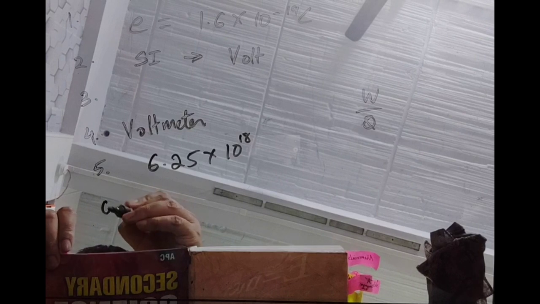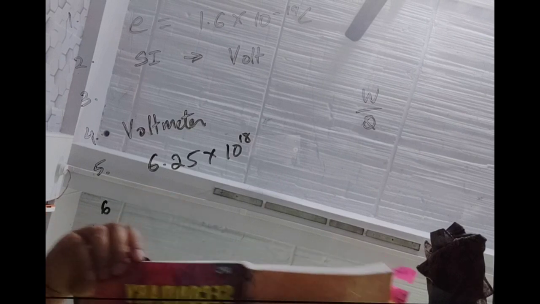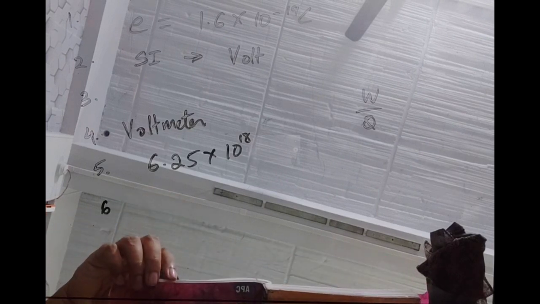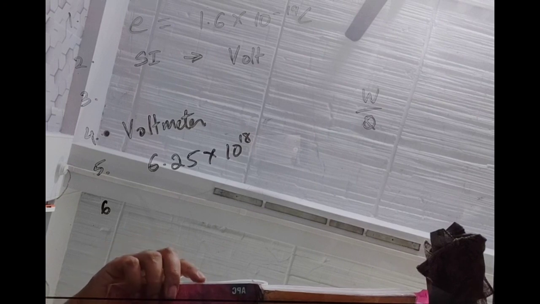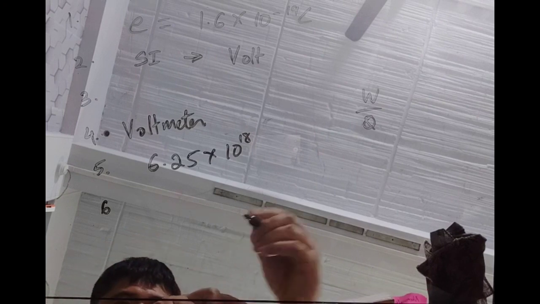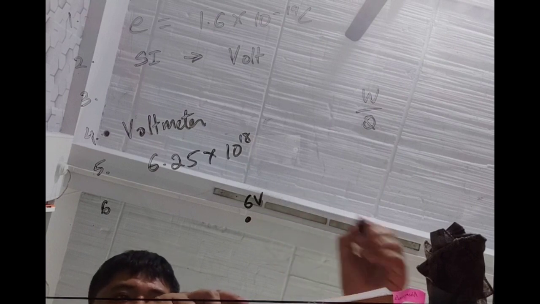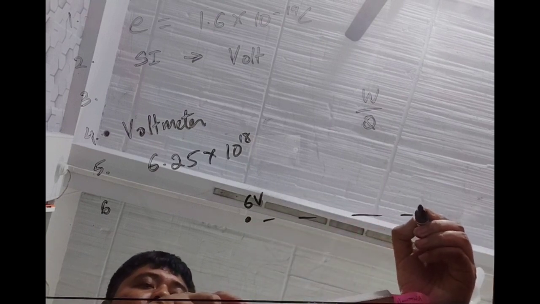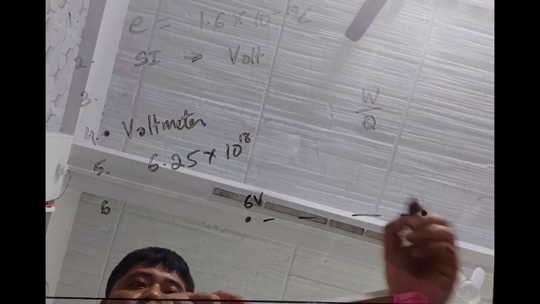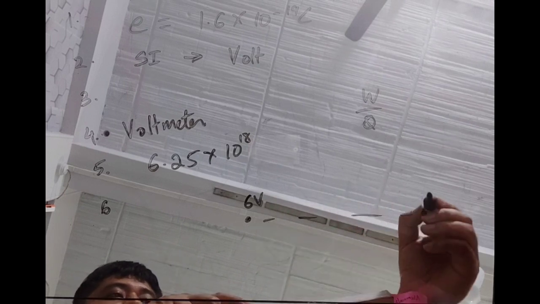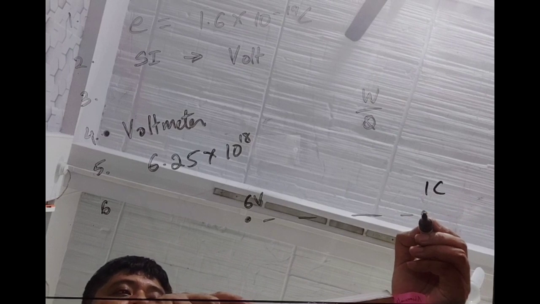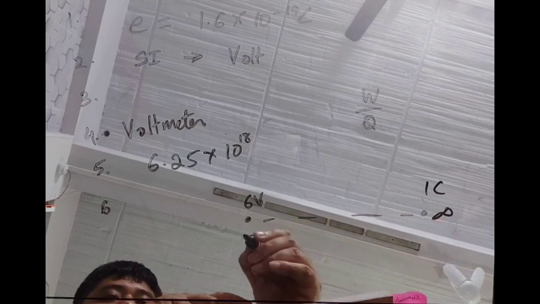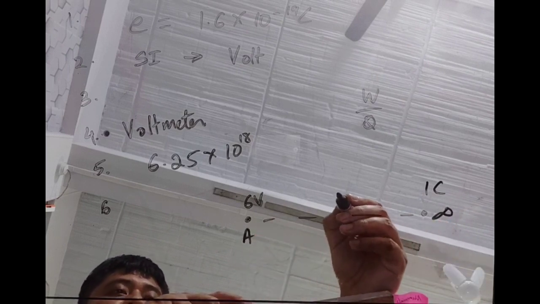Then question number 6. What is meant by saying the potential at a point is 6 volt? It means the amount of work done in moving one coulomb of charge from infinity to this point is 6 joule.